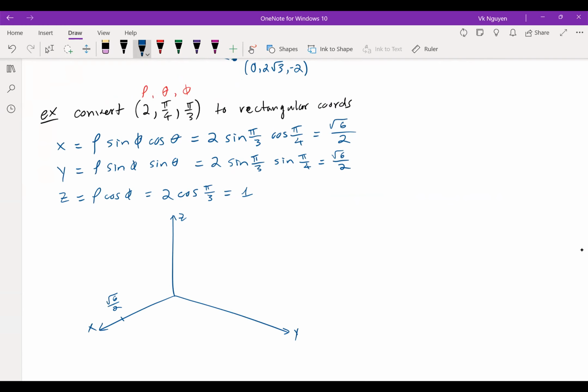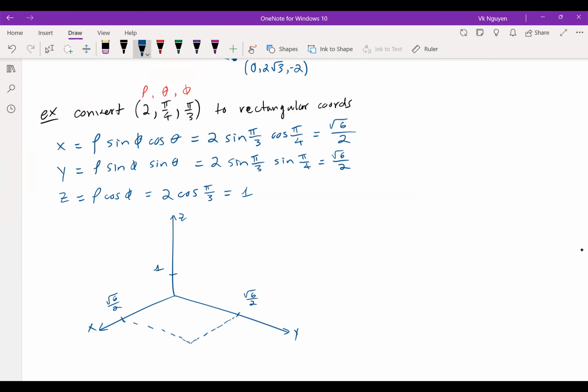Okay, so y is √6/2. And then z is going to be 1. 1 is going to be somewhere right here.